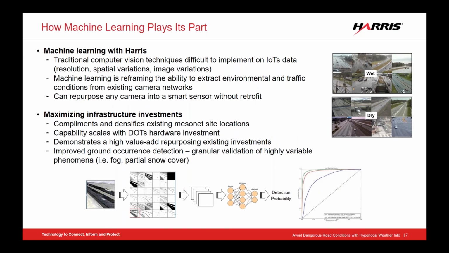And machine learning is allowing us to go to customers and say, you don't have to reinvest in your existing infrastructure. So it's maximizing the investments that you're making on the infrastructure side. This kind of capability complements and densifies any existing DOTs, mesonet site locations. It scales with the DOT. It scales with whatever network that you may have.